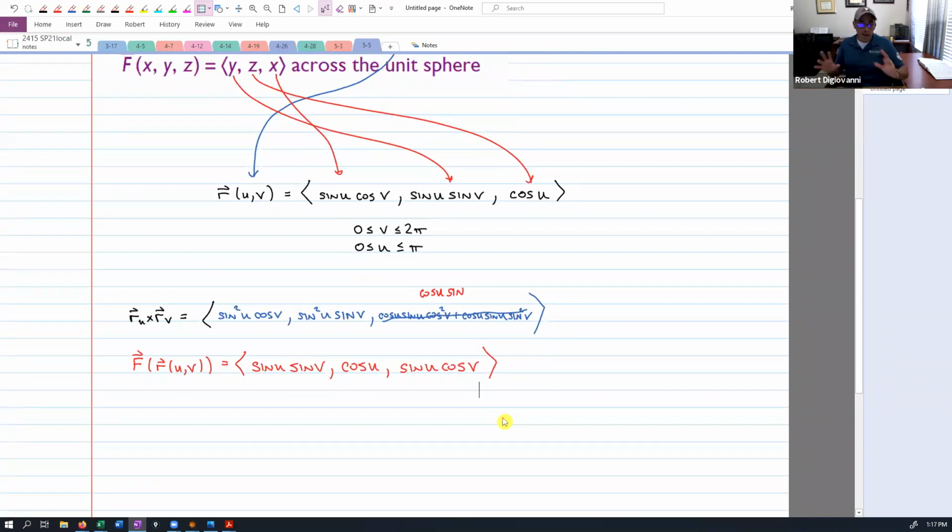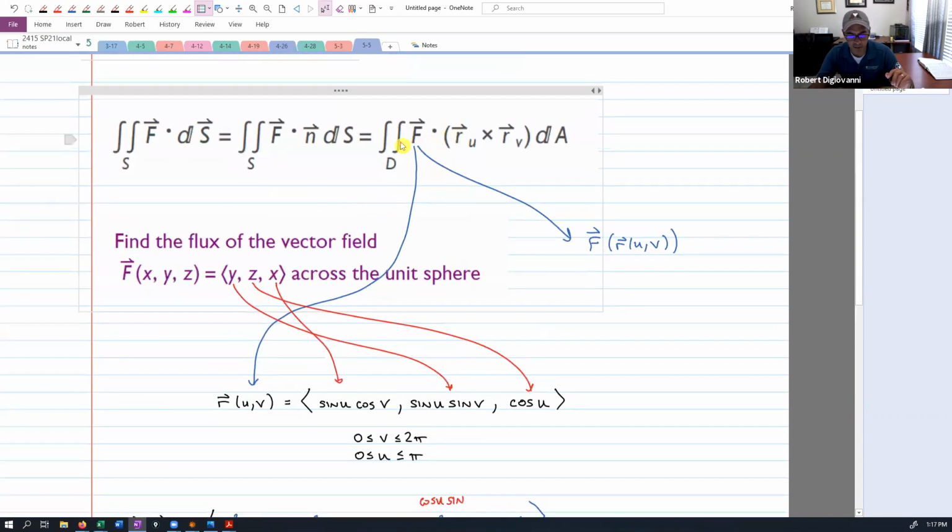All right, so I think we have everything we need to start cranking this thing out. We want to calculate the flux, and I'm going to use the second version, this right here.